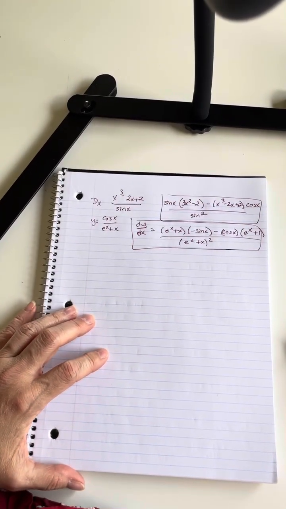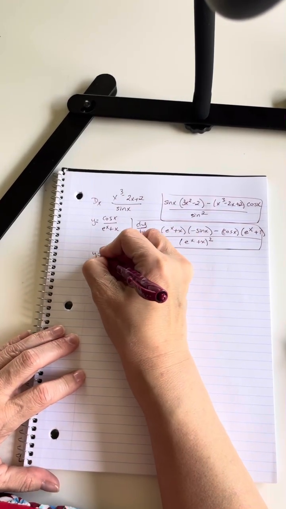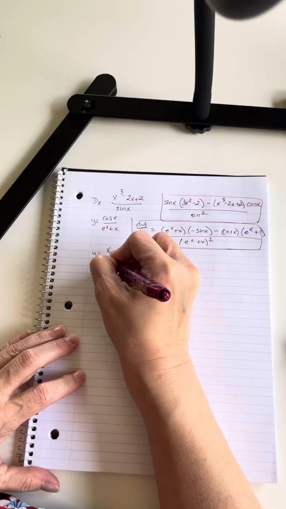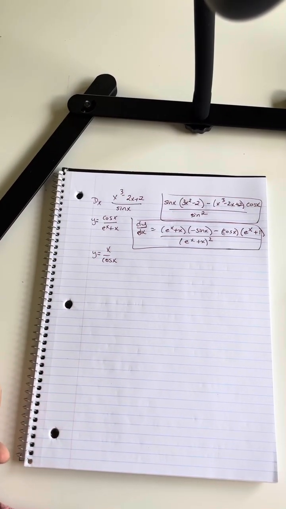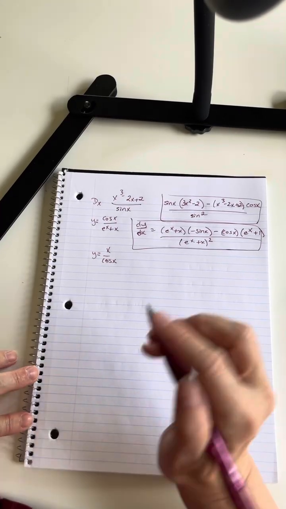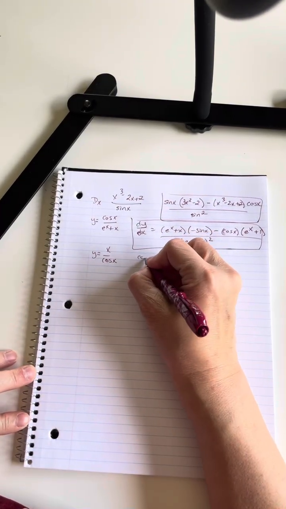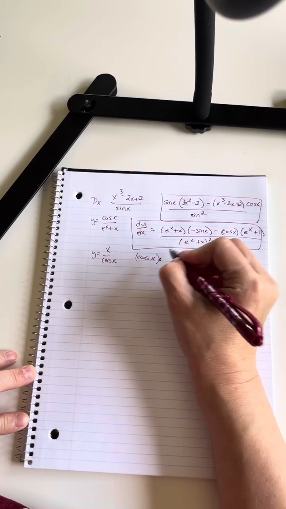Yes, example 4. Find the differential of y equals x over cosine of x. Now, because this said differential, I need to make sure that I put each of the labels with it as we go. So we're going to start with our cosine of x. Oh, wait, not dx, because I didn't do anything with that one.